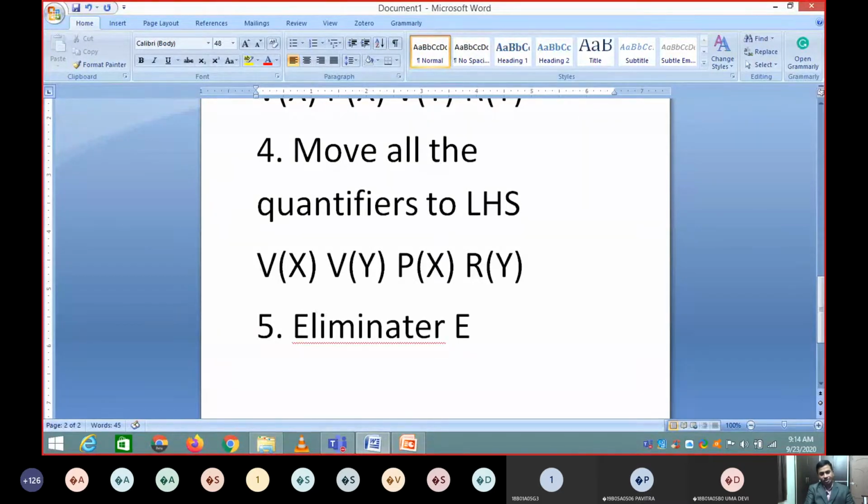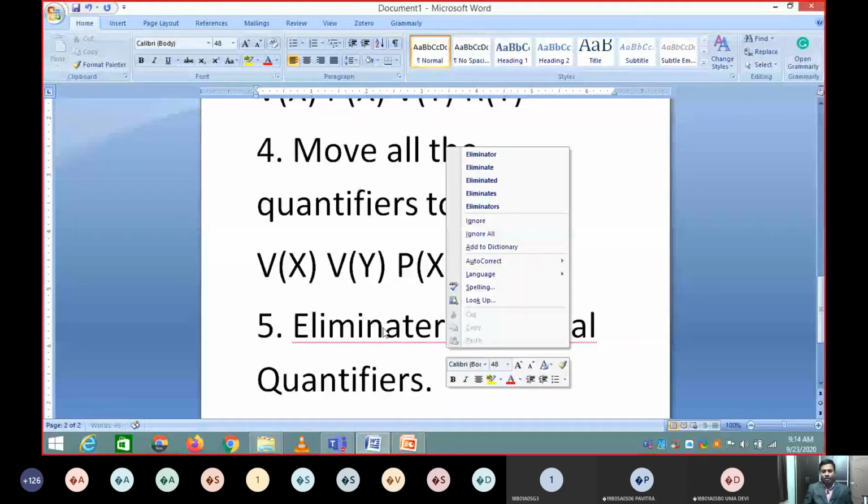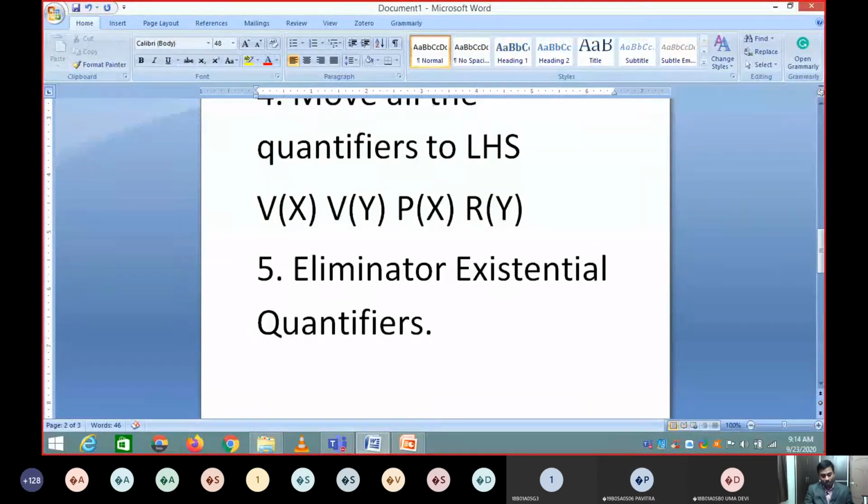Eliminate existential quantifiers. Yesterday we wrote something like: everyone is loyal to someone, where I have used an existential quantifier as well as a universal quantifier.